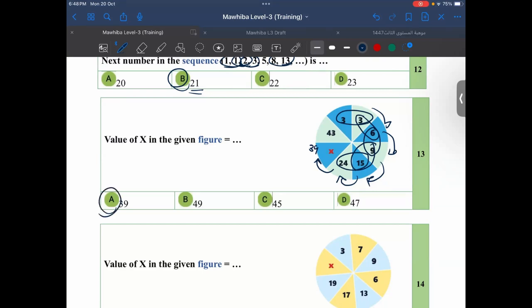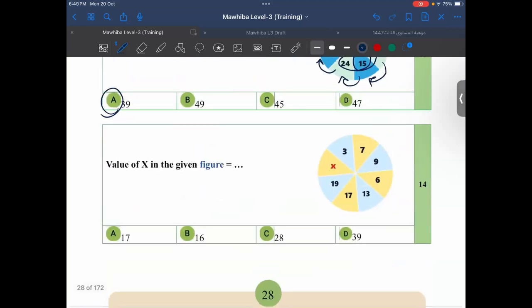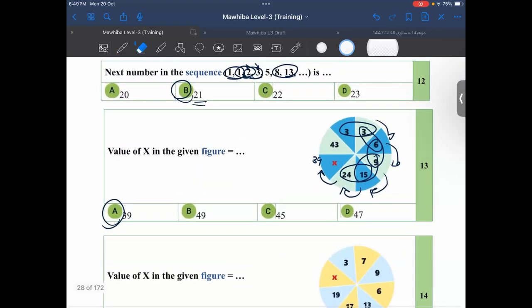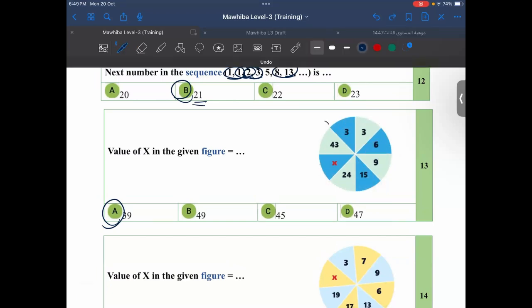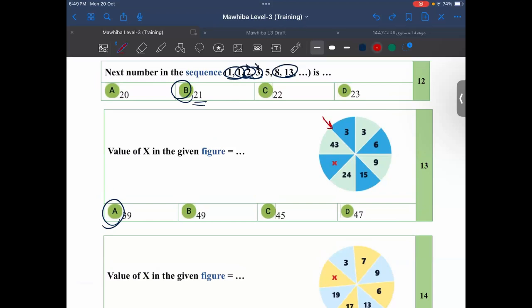Okay. Can you repeat this again? Yalla, let's see. Yeah. So here, if you start the circle from here, okay? This is the start. We take 3 plus 3, and when we add them, we have the next number in the circle.